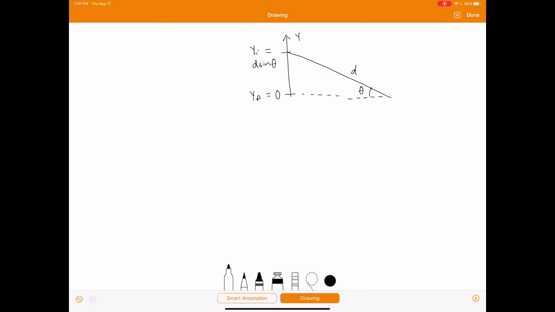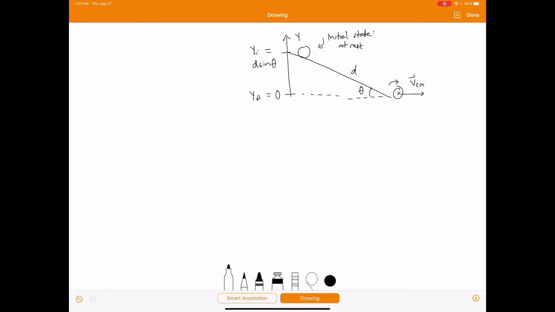Okay? So let's make a table of energies, just like we did before. So the object starts up here, ends down here. In the initial state, the object is at rest. In the final state, it's rolling. It has some translational motion, so the center of mass is moving at some speed.